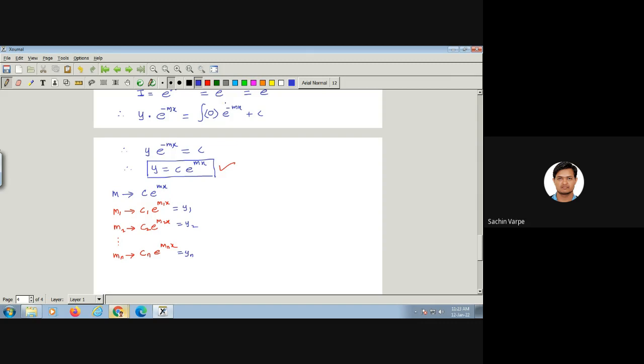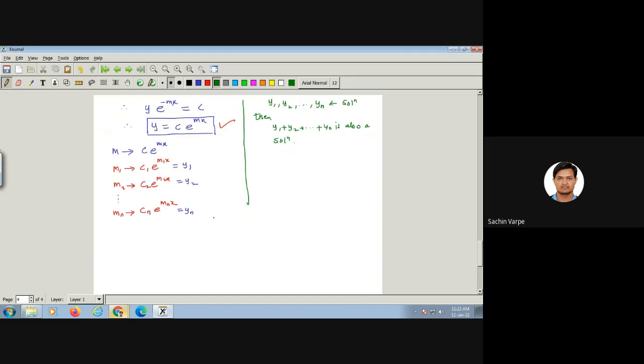There is one standard result in pure mathematics: if y1, y2 and so on yn are all solutions, then their linear combination is also a solution. Then y1 plus y2 plus and so on yn is also a solution. Do you know this result?